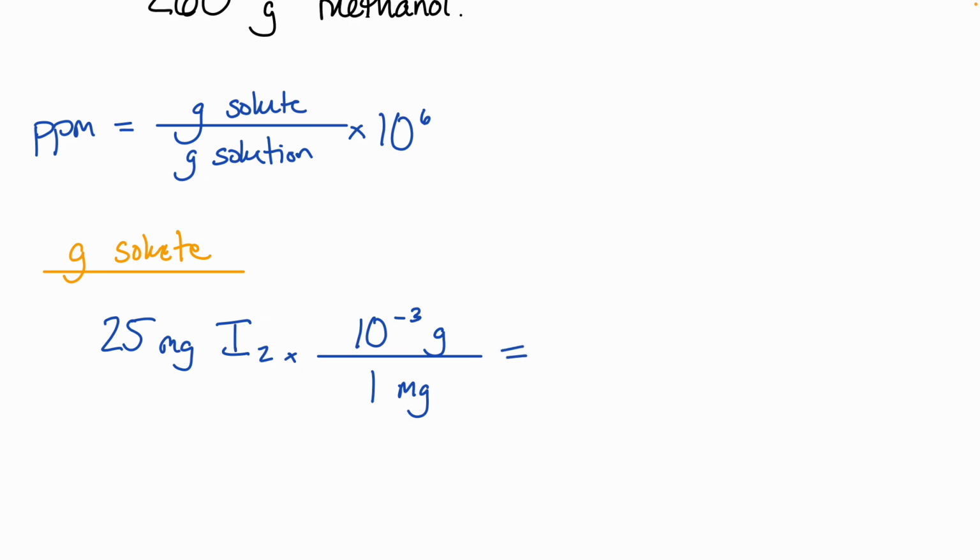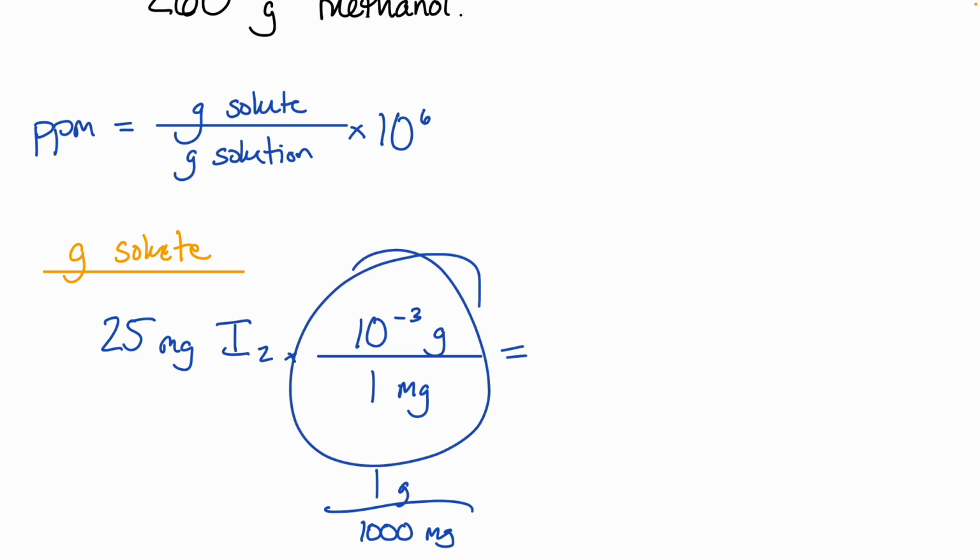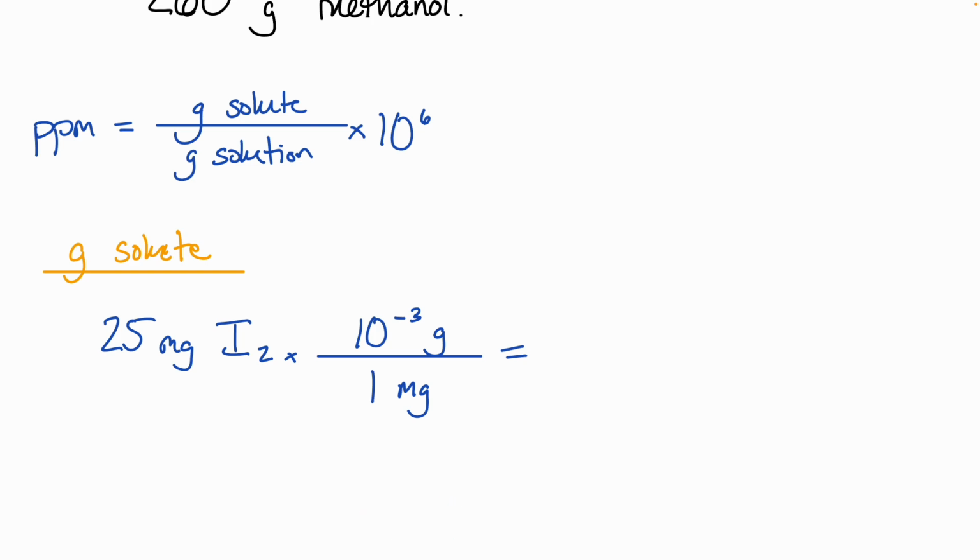If you use that 1 gram is 1,000 milligrams, that's great. That's also true. These are two equivalent fractions here. But the 1 comes from our constants page, and that's what I taught you to use, so I'm going to stick with that version here. All right, cool. So punch this into our calculator, 0.025 grams of that I2 solute.